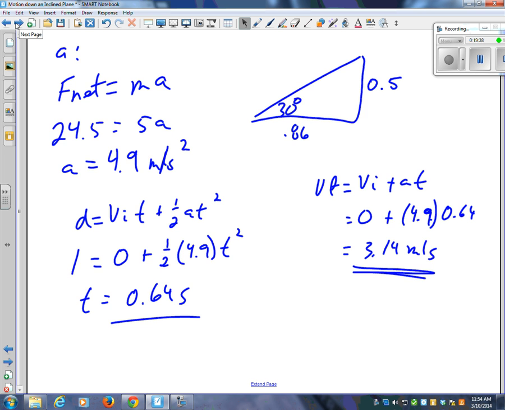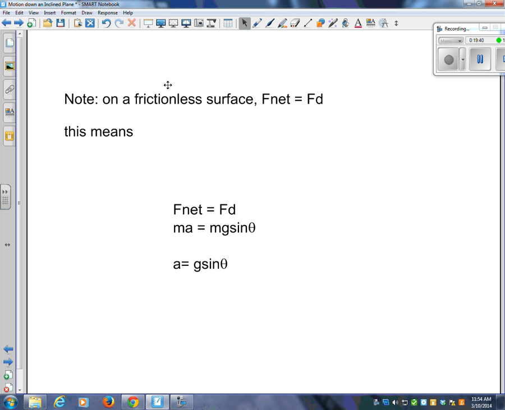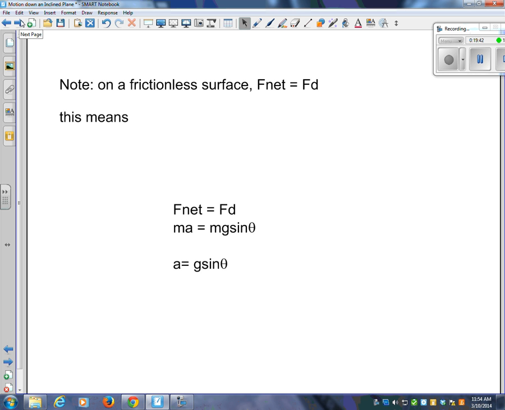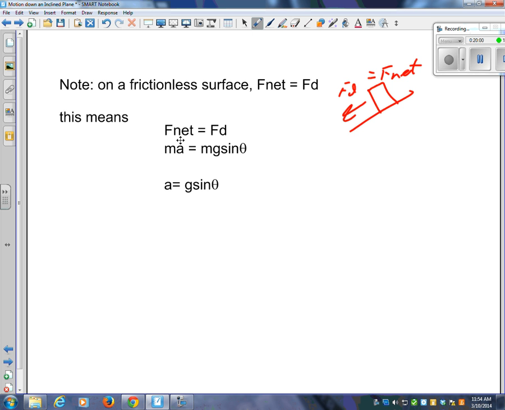Now, on a frictionless surface, we've already agreed that the FD down the plane is equivalent to the net force because there's no friction backing it up. So on a frictionless surface, F net is equal to FD. If net force is MA and FD is mg sine theta, what happens?